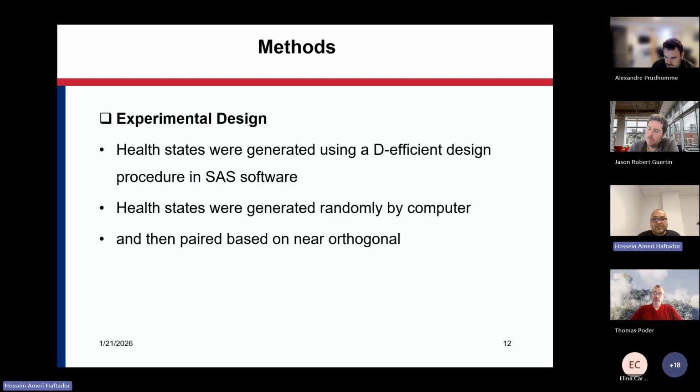We generated health states using a D-efficiency design procedure in SAS software. This design is common among researchers. We created health states randomly, and we paired the health states based on orthogonality because we wanted to use DCE. If we want to use DCE, we need to have paired health states.